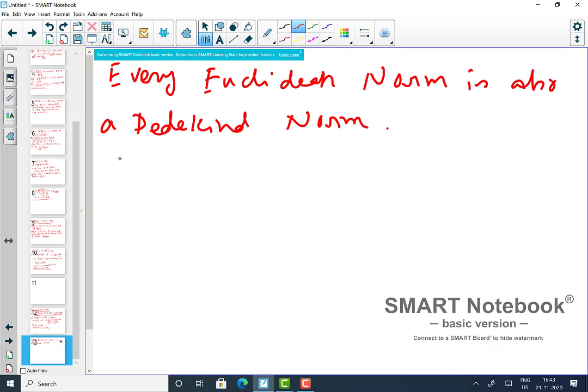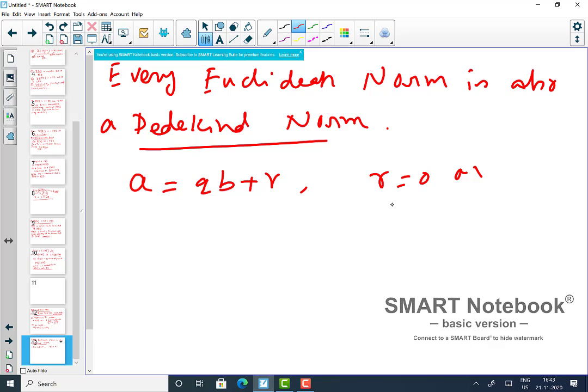Why? Because this is a simple thing, because for a Euclidean norm you know that given a and b not 0, you can write a of the form qb plus r, with r either 0 or the Euclidean norm of r strictly less than the norm of b.